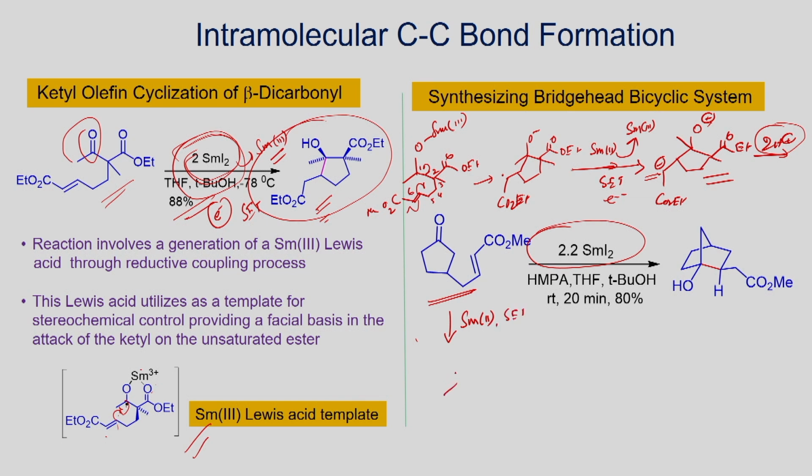You can convert it into the ketyl radical. Once you have this one, it can now undergo cyclization, again 5-exo-trig cyclization, and you will be able to get this.